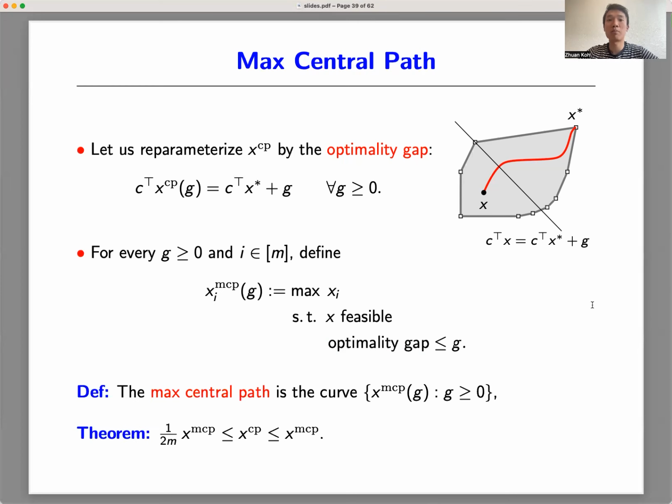In particular, it is upper bounded by the max central path, and it is lower bounded by a scaled version of the max central path, scaled down by 1/2m. This means that the behavior of the central path is captured by the behavior of the max central path. So in order to understand the central path, it suffices to study the max central path. One can see the max central path as a combinatorial proxy to the central path, which is a smooth curve.